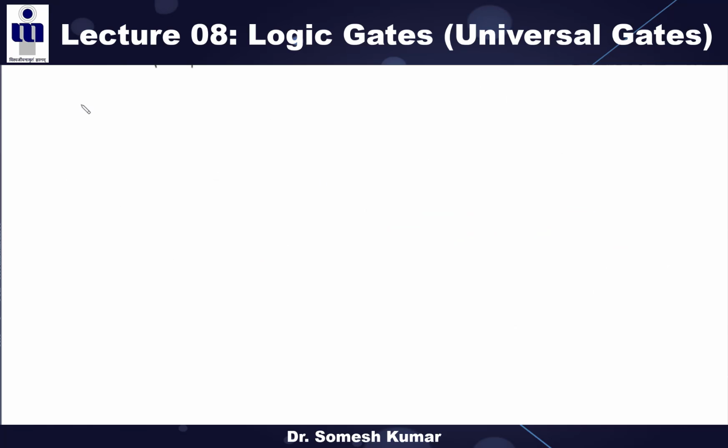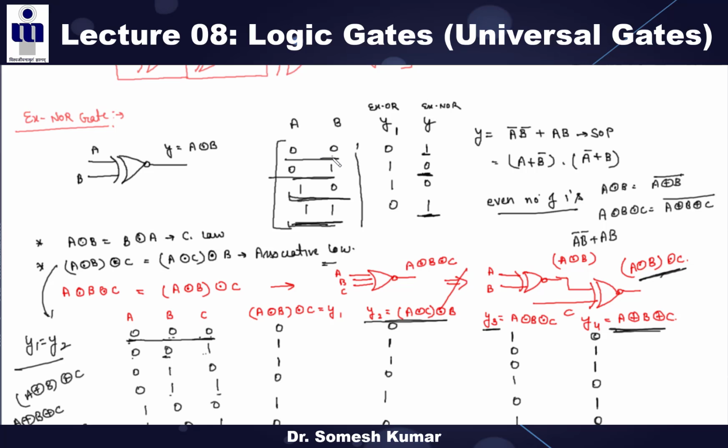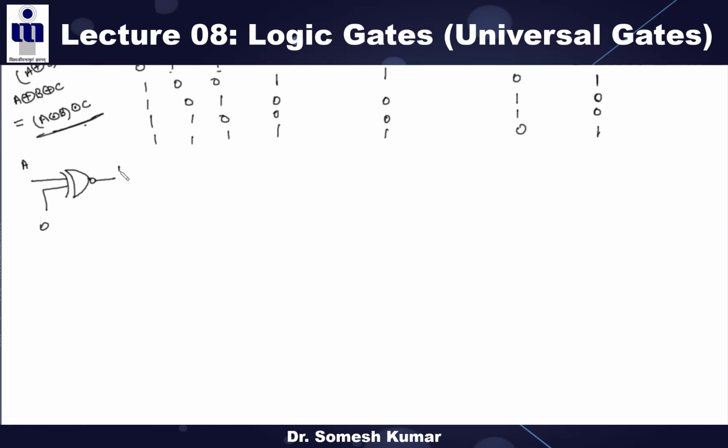Now, what is the enable and disable condition for the XOR? What happens when the control input is 0? Here, if the second input is A, what happens? It gets complemented, right? So from these two tables, if this is your control, you will get the A bar, right?